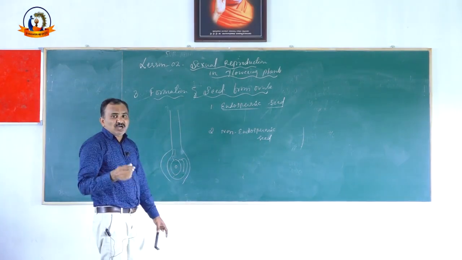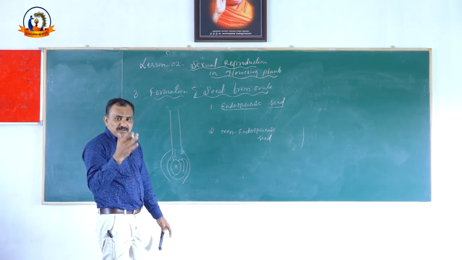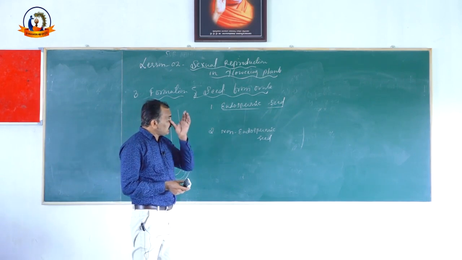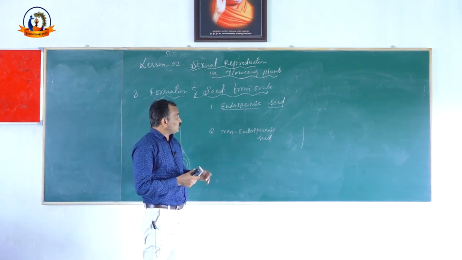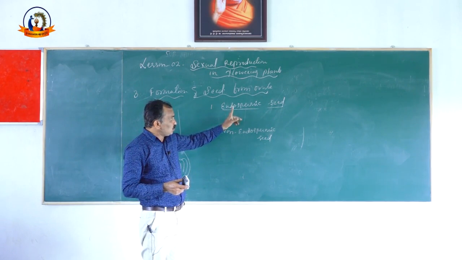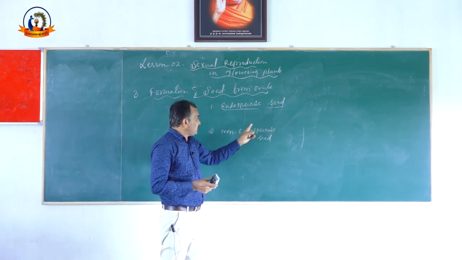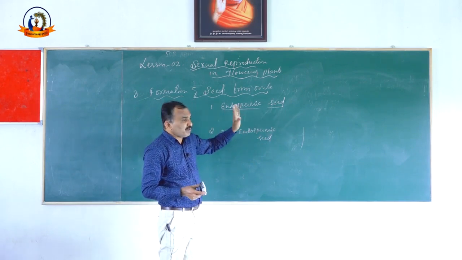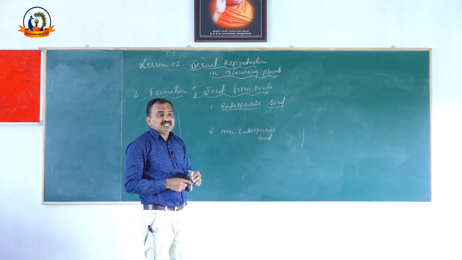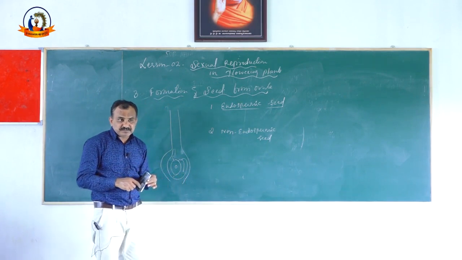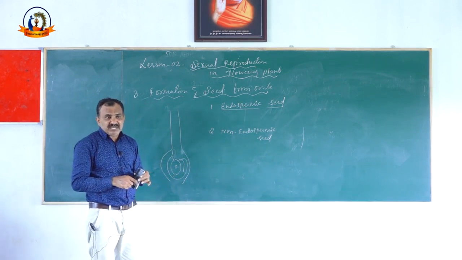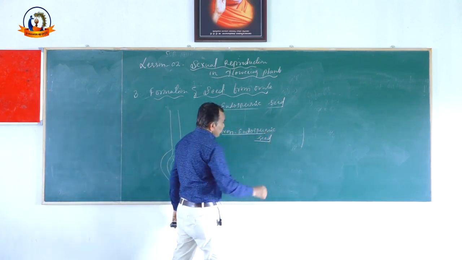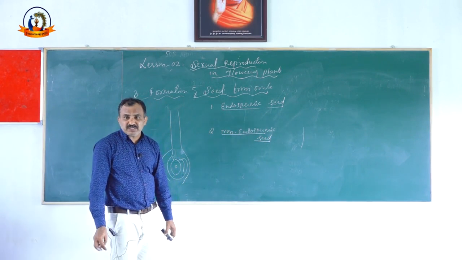This endosperm is not present in all the seeds. It may be present, it may not be present. On the basis of presence or absence of endosperm, seeds are classified into two types. First type is endospermic seed, second type is non-endospermic seed. Endospermic seed means the seed having endosperm. Non-endospermic seed is the seed without endosperm.